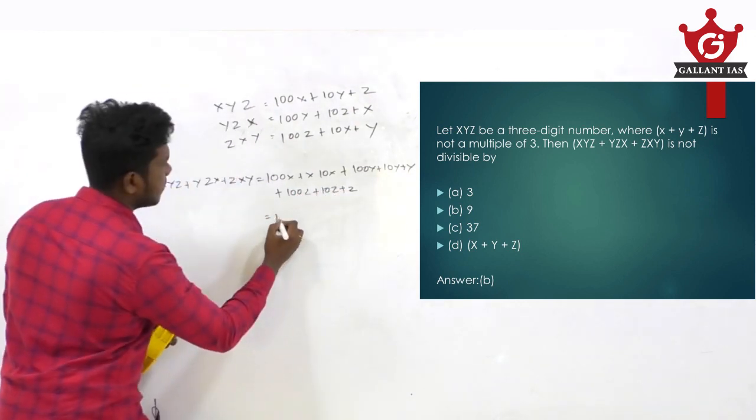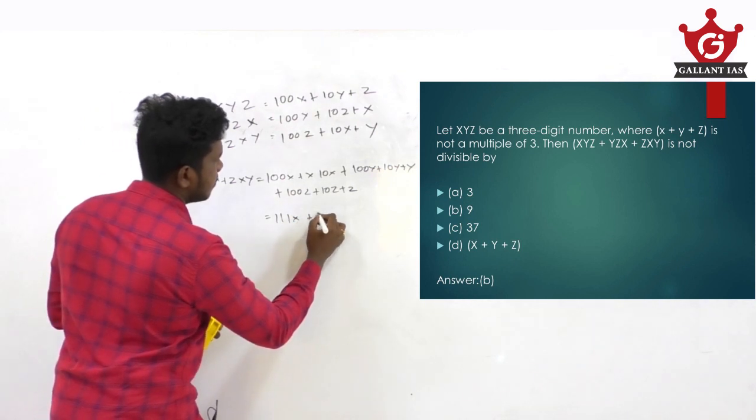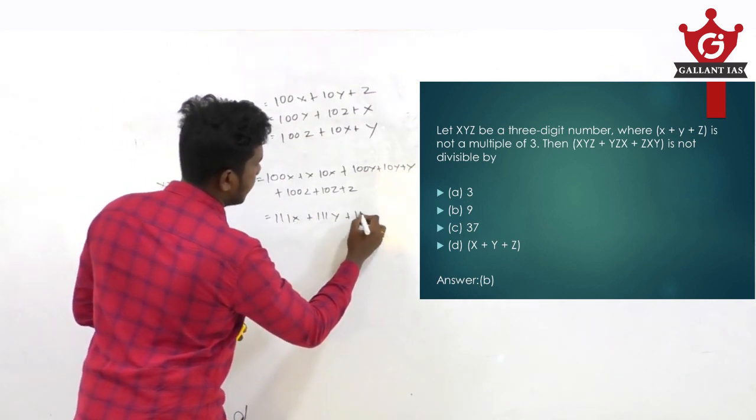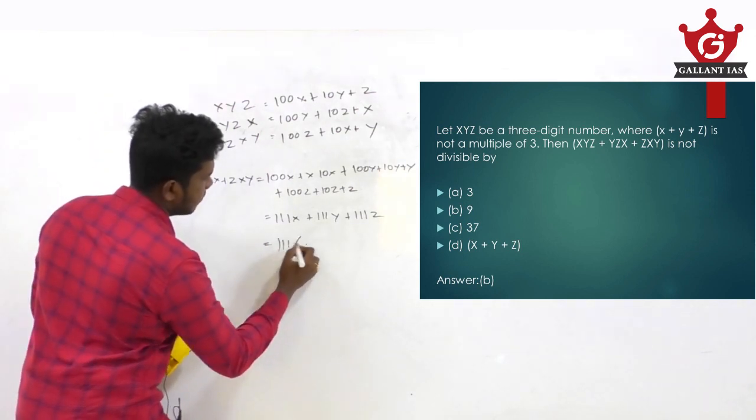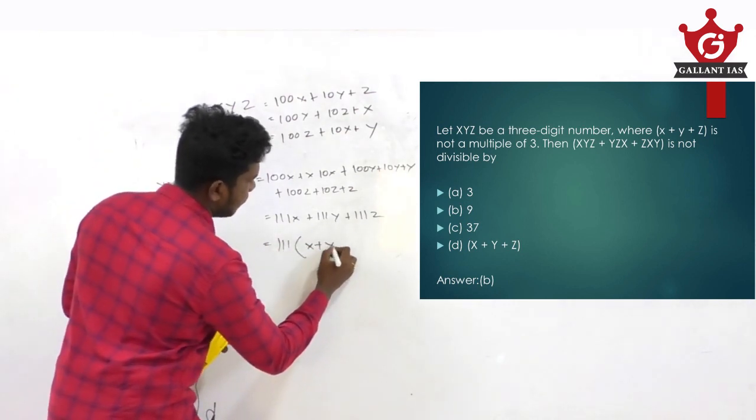So it will be 111x plus 111y plus 111z. Now take the 111 outside, so you'll be getting 111 into (x plus y plus z).